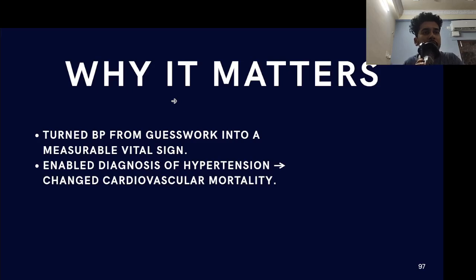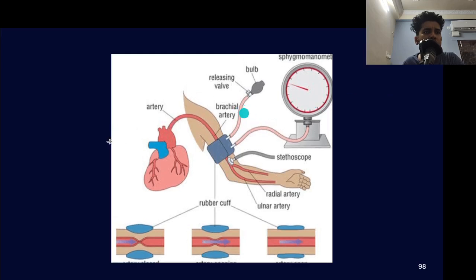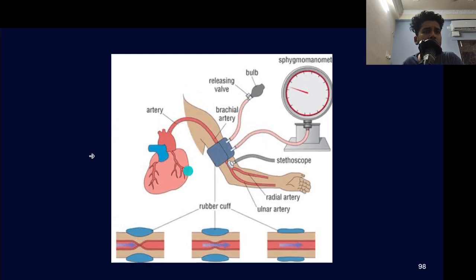Why does this matter? This mattered because it turned BP from guesswork into a measurable vital sign. This enabled diagnosis of hypertension, which ended up changing cardiovascular mortality rates. In this image you can see how the cuff is placed on the arm, and with the pressure being let in and then slowly released, the first sound that you hear is going to be the systolic one, and the last sound that you hear is going to be the diastolic one.